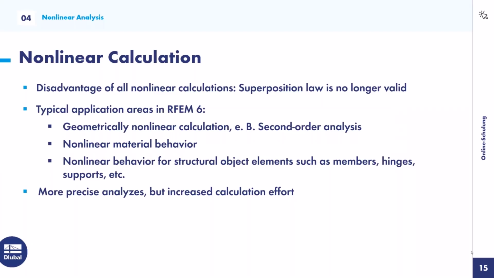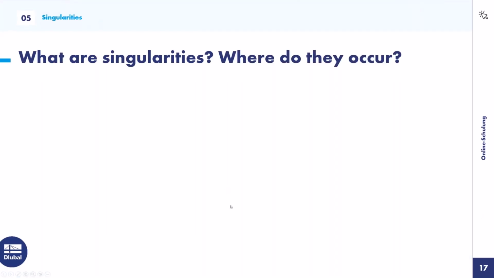Okay. So what we're going to continue with now is the last part, just a short part of 10 more minutes. It's the main problem of finite element calculations. And what is this?